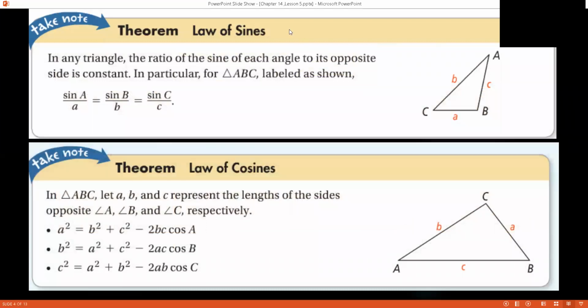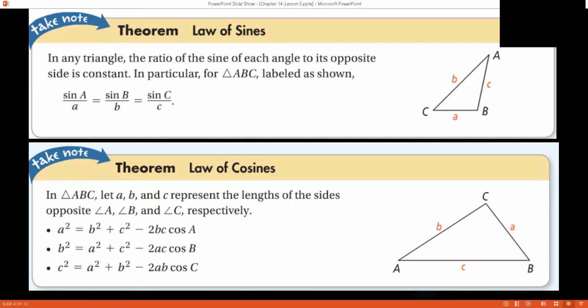Now let's remember what the law of sine is and what the law of cosine is. In any triangle, the ratio of the sine of each angle to its opposite side is constant.